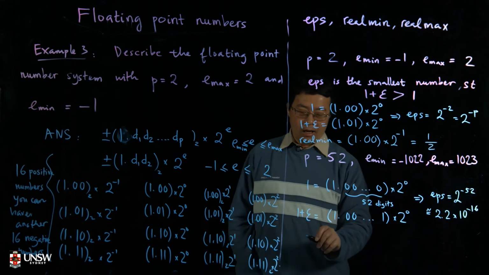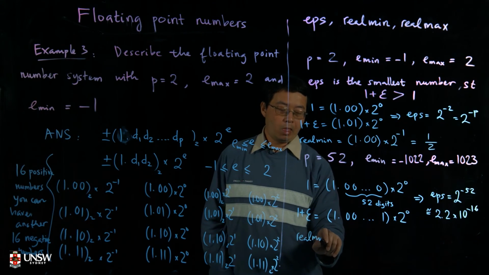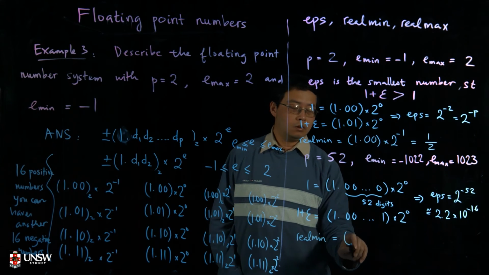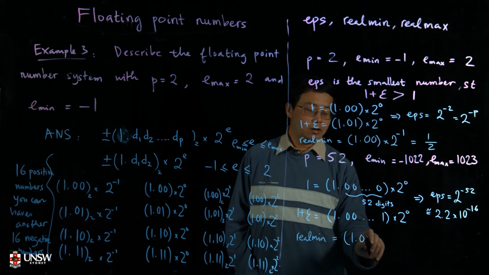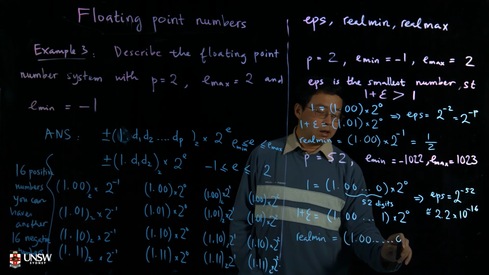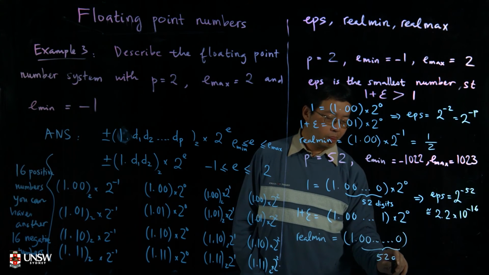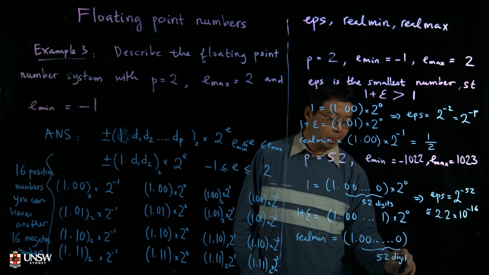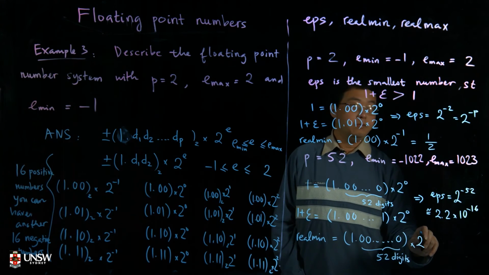So in MATLAB, realmin is 1 because it's a normalized number. The first digit is 1, and all other digits are equal to 0. So 52 digits. And the power has to be E min.